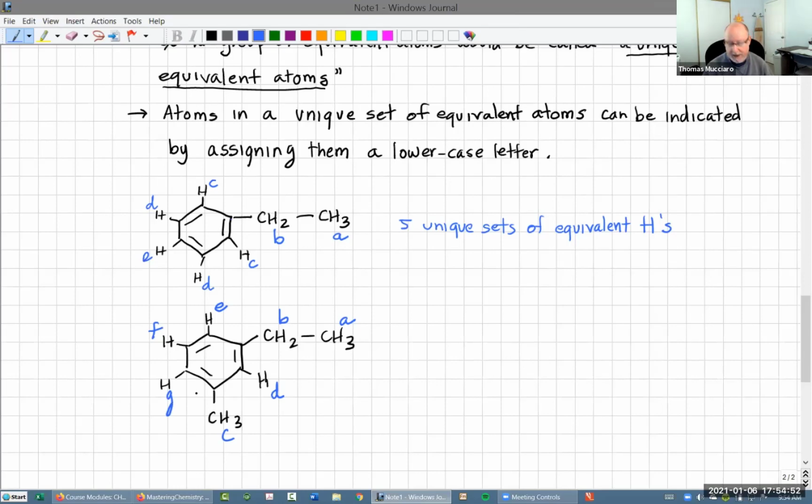Now, I do want to also make a comment about these. NMR instruments have different strengths, and we're going to talk about that again tomorrow, okay? The strength of an NMR instrument. The ones that are weak, the peaks are really fat.